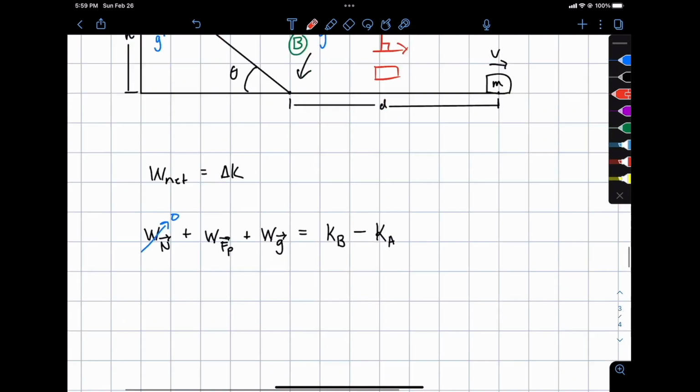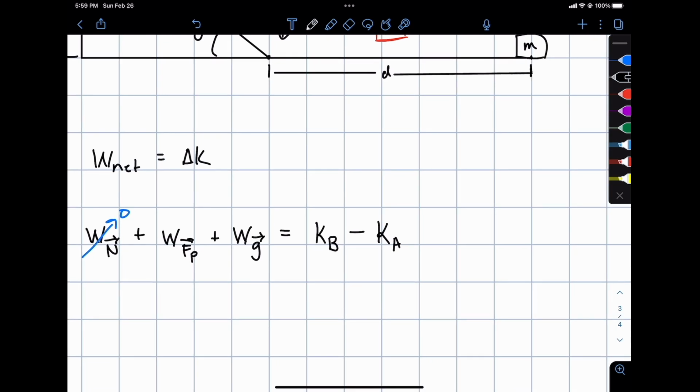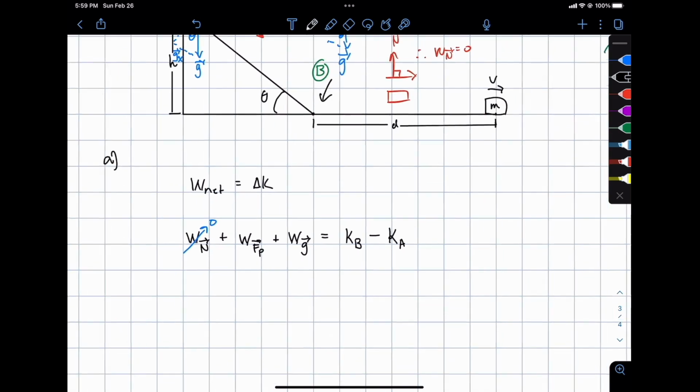And what is KB minus KA? Well, K is equal to the kinetic energy, which is 1/2 mv squared, right?